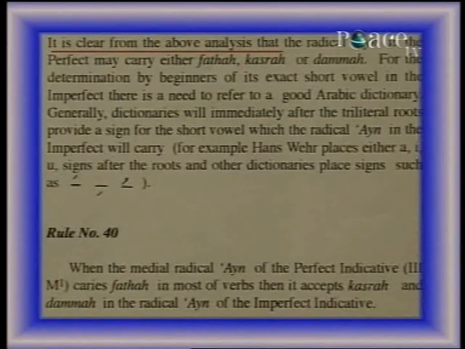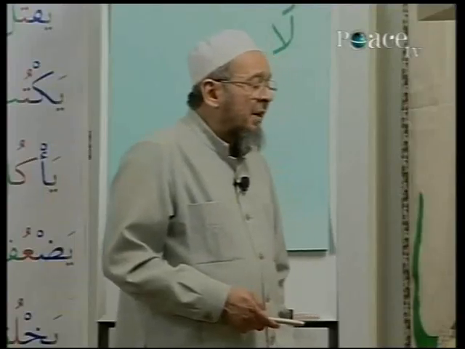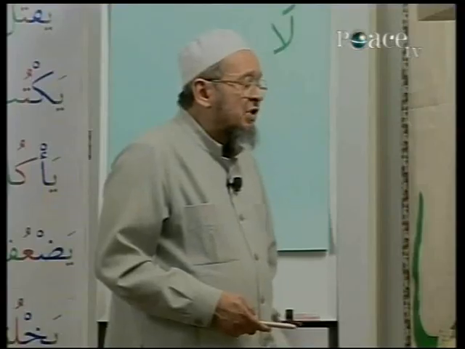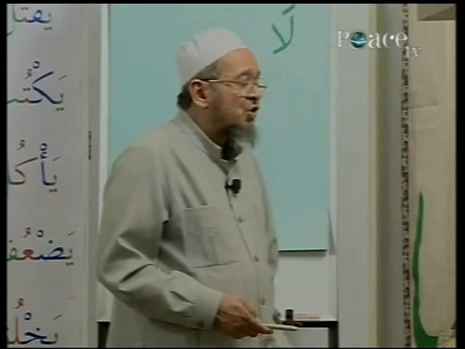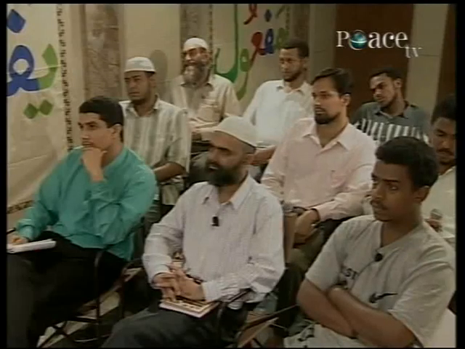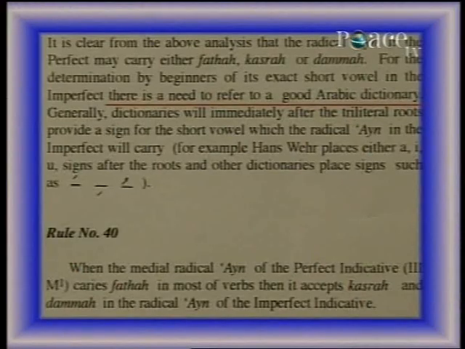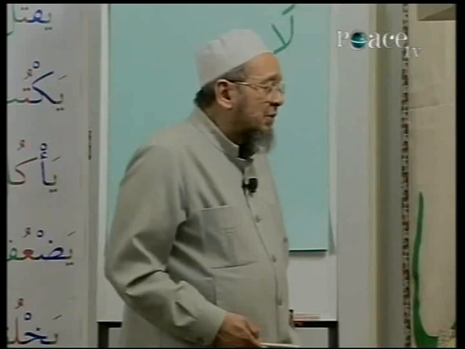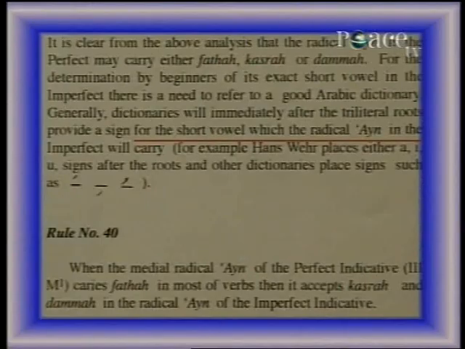It is clear from the above analysis that the radical ayn in the perfect may carry either fatha, kasra, or dhamma. For the determination by beginners of its exact short vowel in the imperfect, there is a need to refer to a good Arabic dictionary. Generally, dictionaries will immediately, after the triliteral roots, provide a sign for the short vowel which the radical ayn in the imperfect will carry.